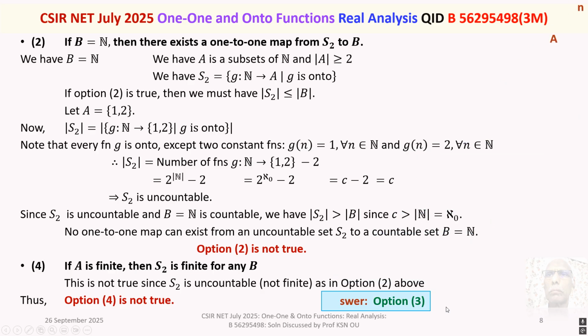That is the detailed discussion of the solution of a problem from the section real analysis, which is related to surjective and injective functions. Right. And this question is definitely an interesting question, and you have to use these 3 to 4 results.